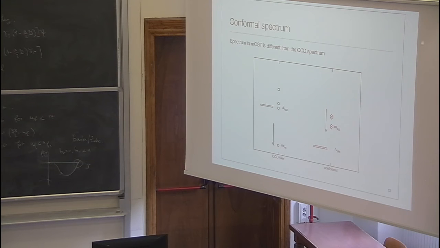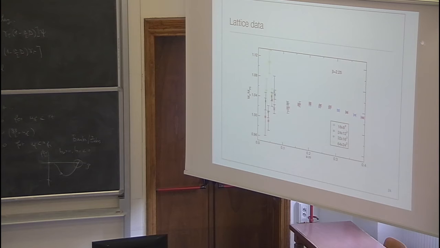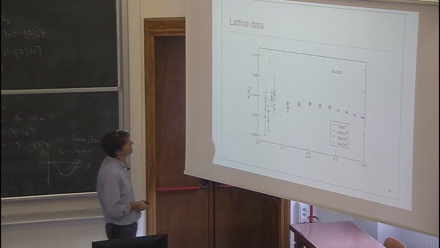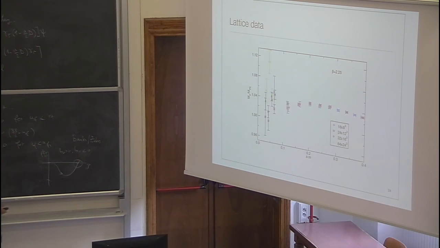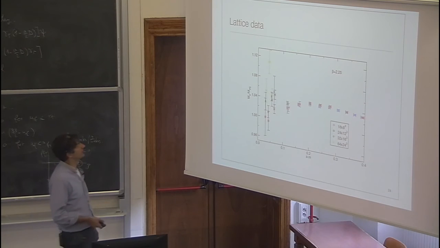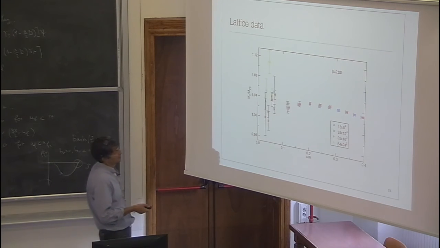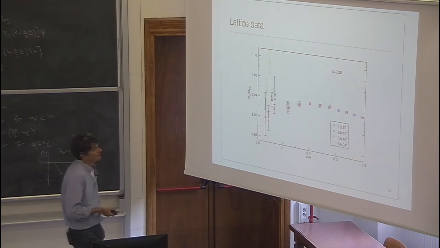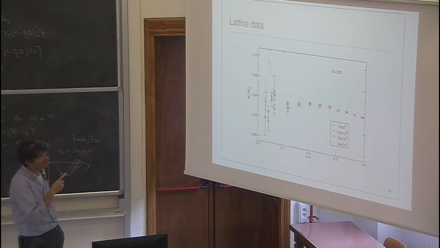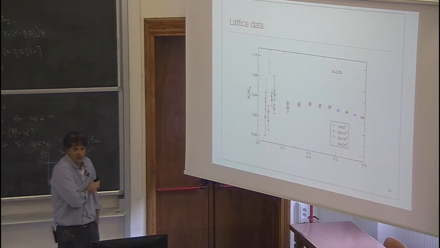Now, of course, I'll show you some results that we obtained a few years ago. This is the result of lattice simulations of a theory which is conjectured to have an infrared fixed point. This is an SU(2) gauge theory with two fermions in the adjoint representation.